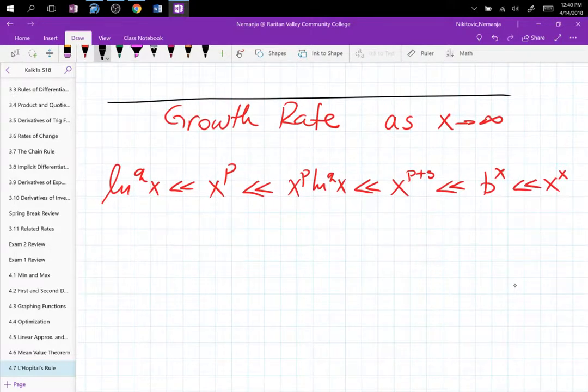And you can quickly see this in a table of values.